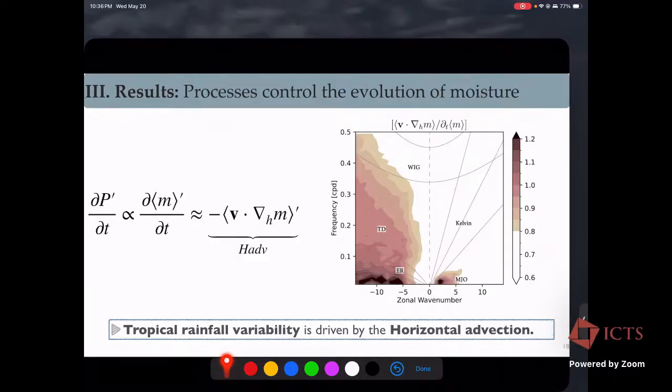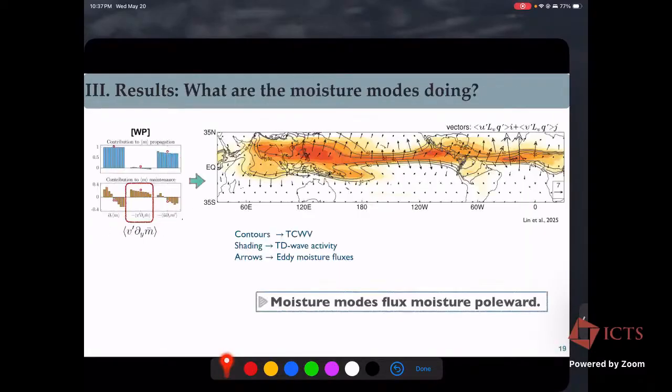The MJO is another disturbance where the horizontal advection plays an important role in organizing moisture into the system. So we can say that our moisture modes, TD, Rossby waves, and MJO, are basically driven by the same processes. The horizontal advection plays an important role in organizing these systems.